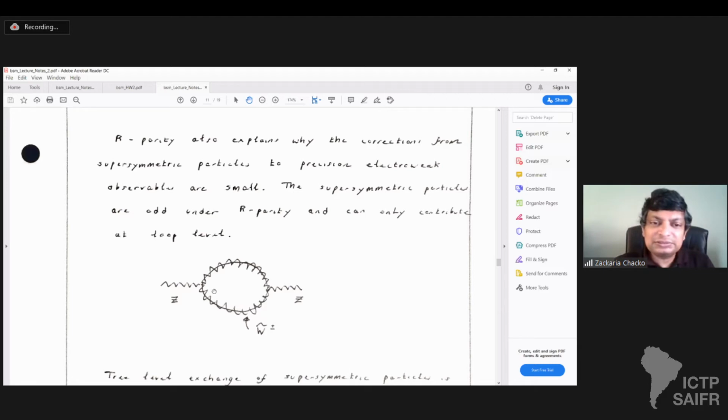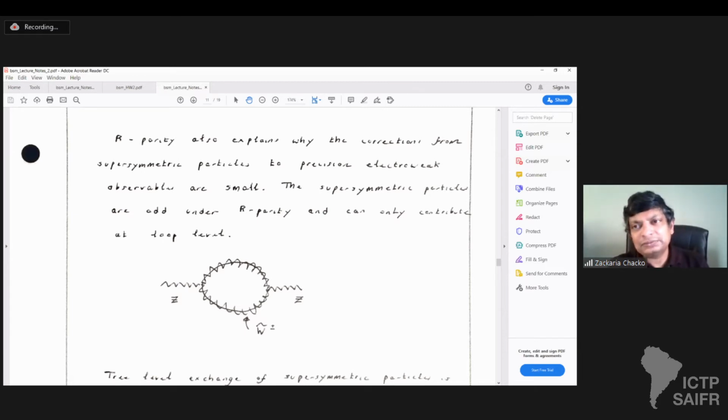But because of R parity, there's no tree-level diagram involving the exchange of supersymmetric particles. The supersymmetric particles can only come in loops. So the effects of supersymmetric particles on precision electroweak observables are all loop suppressed. And that means it's a lot easier to satisfy precision electroweak constraints.